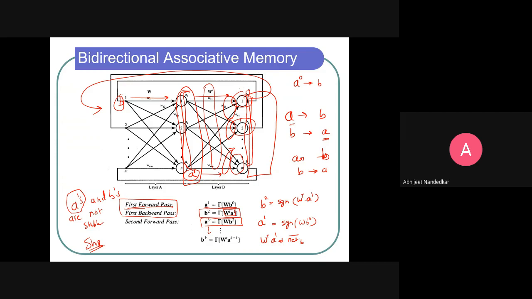Once this network is trained, you can start with A and go to B, or start with B and go to A. You can move in the forward direction or in the reverse direction. Both things you can retrieve using this circuit. So in the next class, we will see, I think with some example, how we can proceed. So let us stop here.